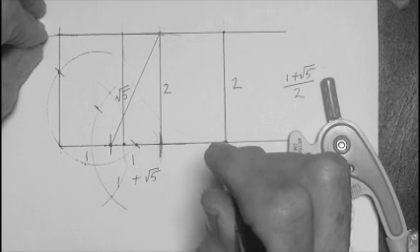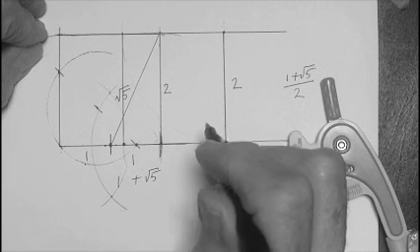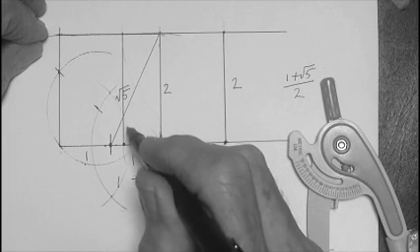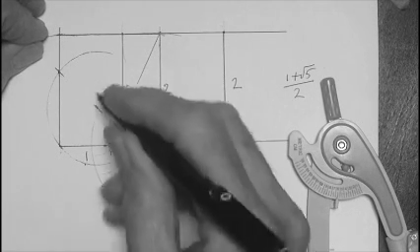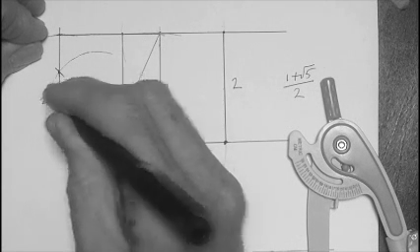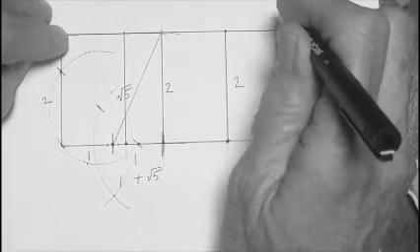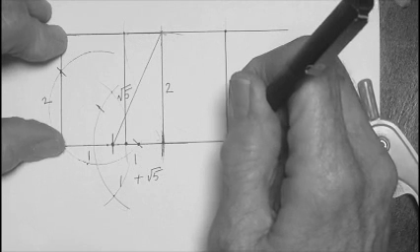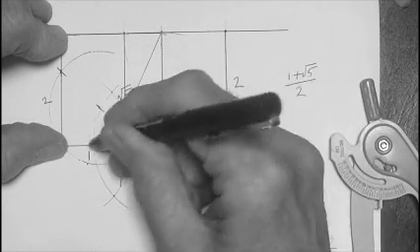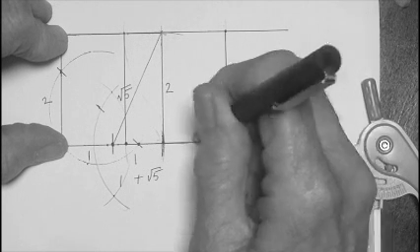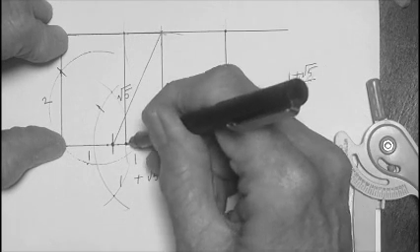Well, let's see here now. I wonder how long these sides are. This side here, of course, would be 2. This is 2. But this one here, across from there to there, what would that be now? This one here was 1 plus the square root of 5 all the way across. And this was 2 from here to here.